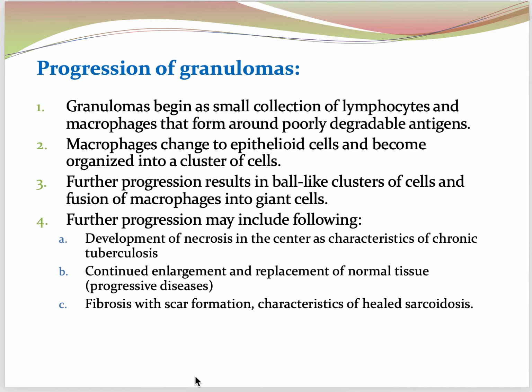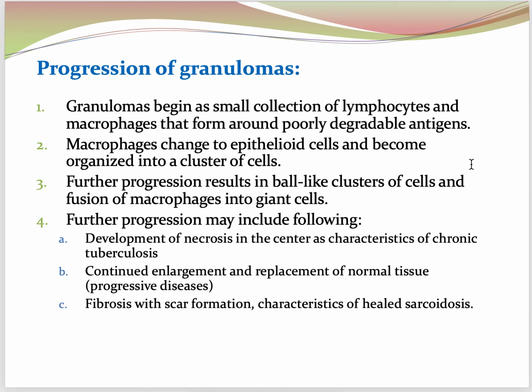Now the progression of granuloma. After the granuloma is initiated and forms, it progresses. So how does it progress? First, granulomas begin as a small collection of lymphocytes and macrophages that form around poorly degradable antigens.